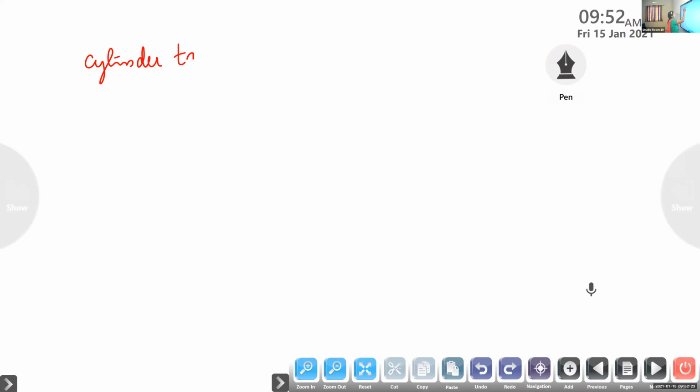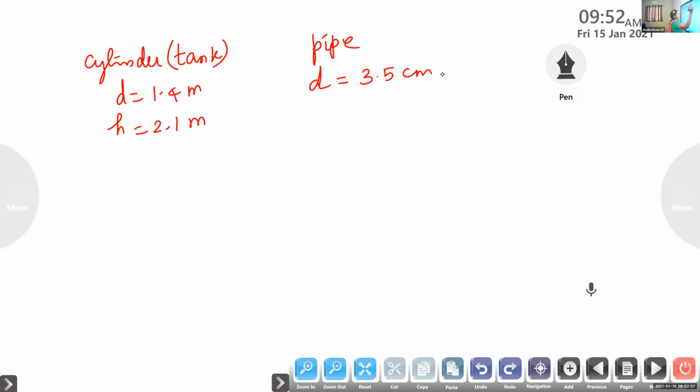A cylindrical water tank of diameter 1.4 meter and height 2.1 meter is filled with a pipe of diameter 3.5 centimeter, through which the water flows at the rate of 2 meter per second.